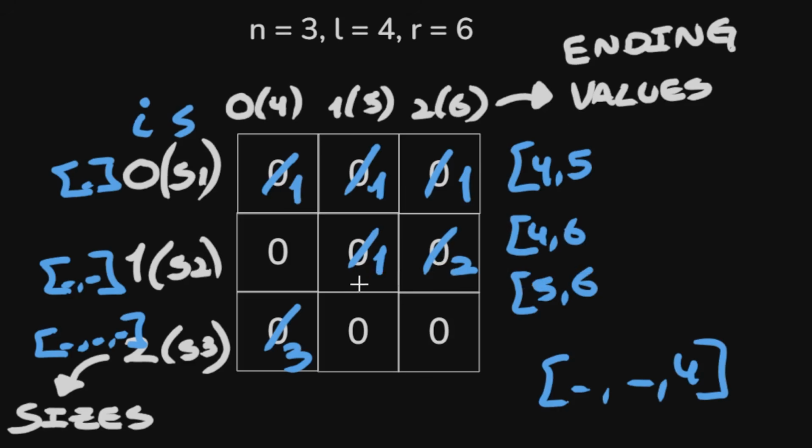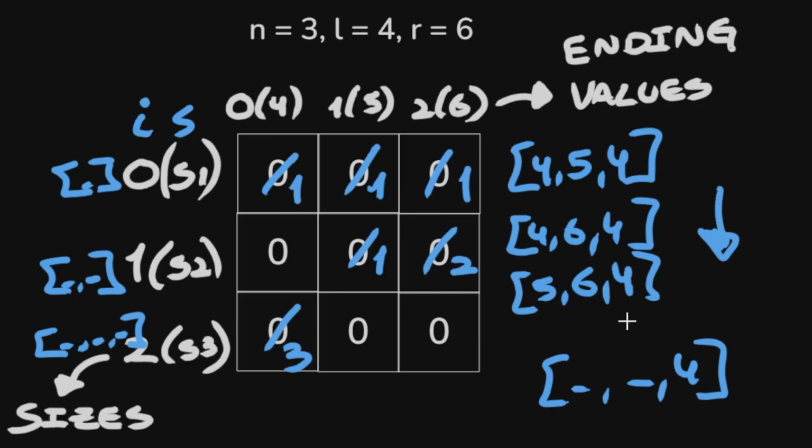And just to be clear, remember that this 1 corresponds to this array and this 2 corresponds to these 2 arrays. So what we can do here is add a 4 to each of these arrays, and now we have 3 valid arrays that have a decreasing direction. Okay, that's why here we put a 3.